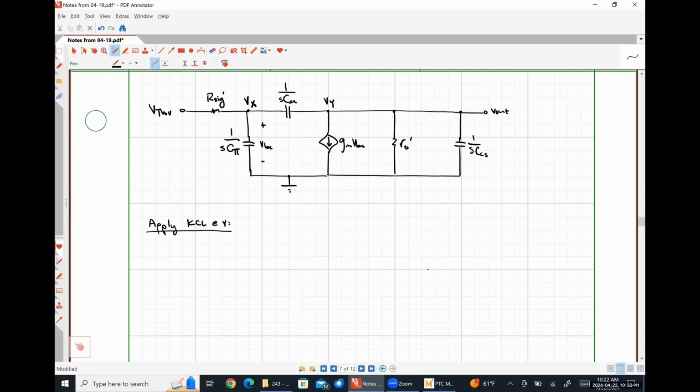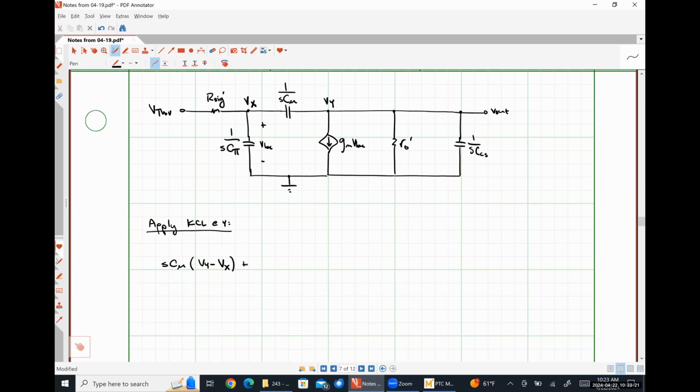So at node Y, I'm going to have a current flowing through the impedance 1 over S C mu to the left. I'm going to have a current flowing down because of the dependent source. I'm going to have a current flowing through my resistance R naught, and also a current flowing through my capacitance CCS. Starting with the current flowing through my capacitor to the left, that's going to look like S C mu times Vy minus Vx.